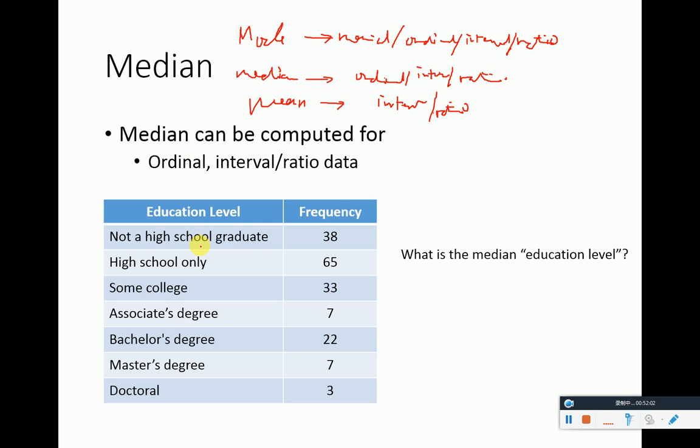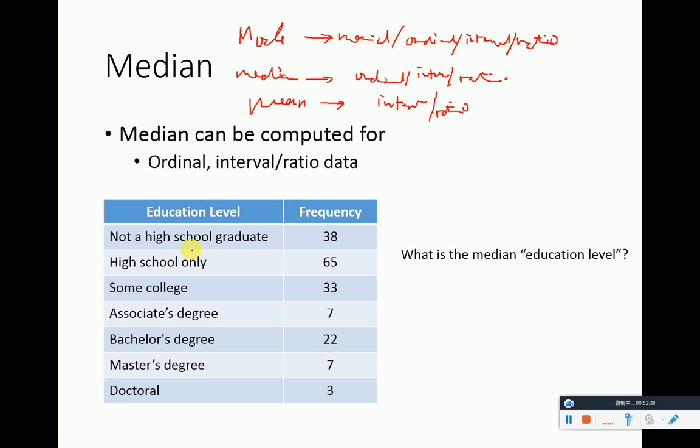Education level is obviously an ordinal variable. It sorts people into categories, but at the same time, it also ranks those categories. So obviously, the highest education level is doctoral, followed by master's, bachelor's, associate's, some college, high school only, and not a high school graduate. So least educated to most educated.